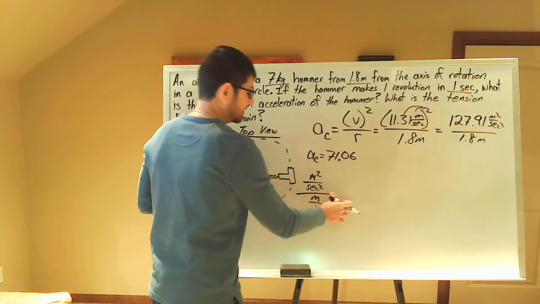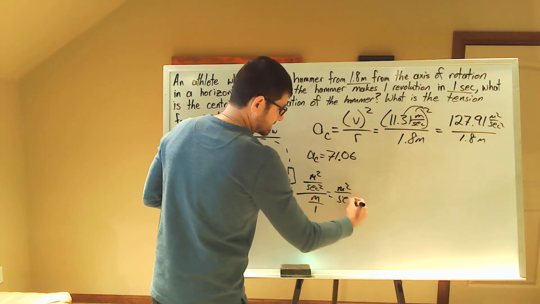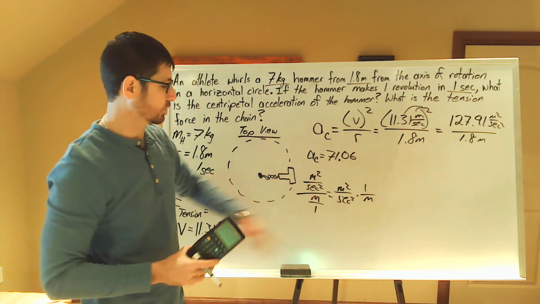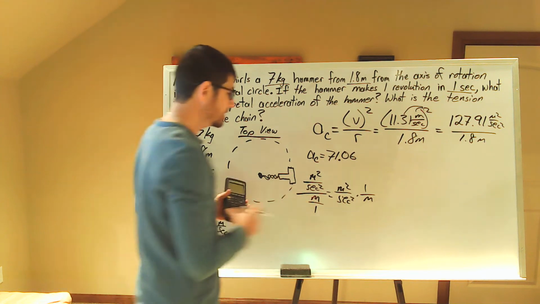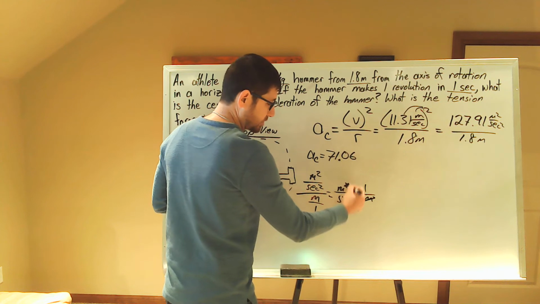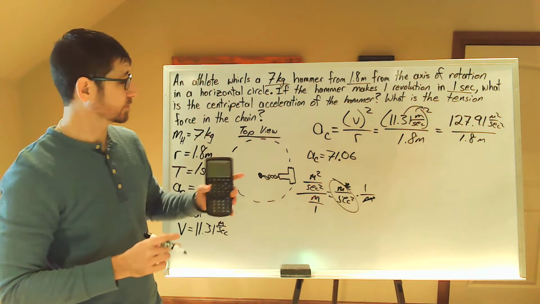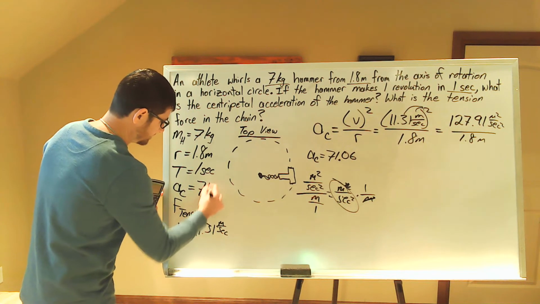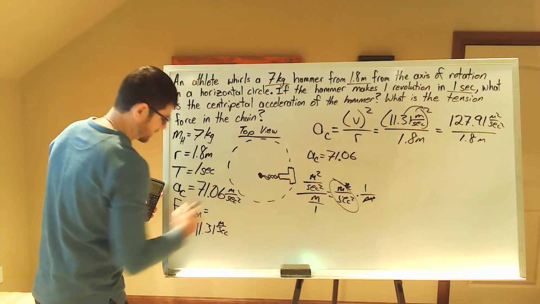So this is going to be meters squared per second squared times 1 over meters, because we're multiplying by the inverse of the denominator here. One of our meters is going to cancel, leaving us with units of meters per second squared. So our centripetal acceleration is 71.06 meters per second squared.